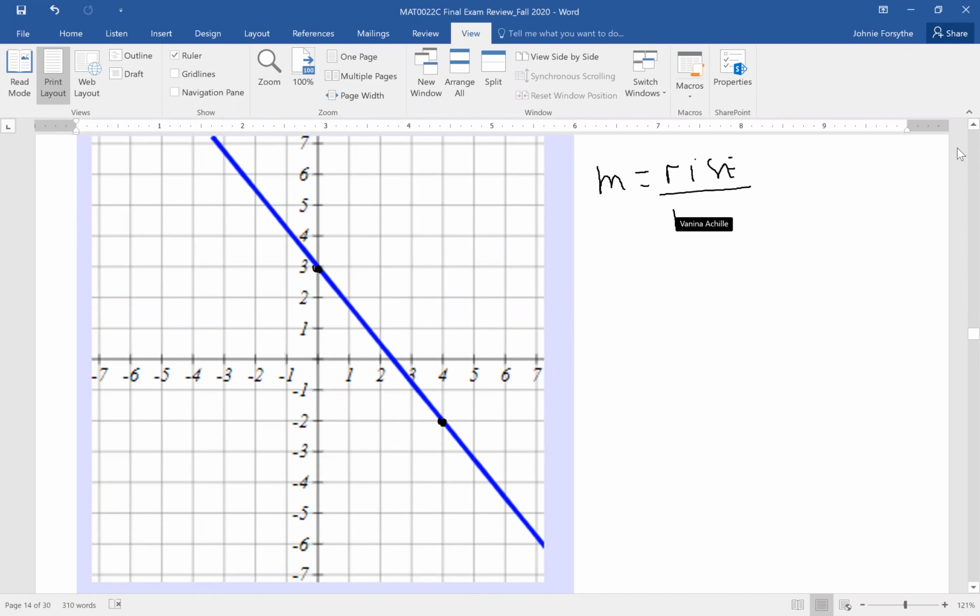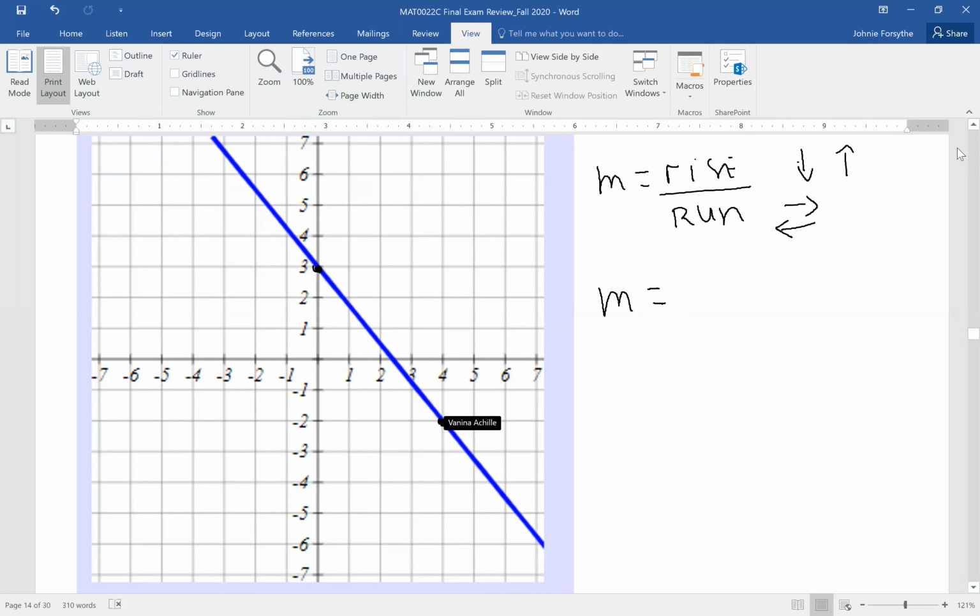And also I'm going to show another way to do this aside from going up and down, because you can also pick two points and use the slope formula to find the slope. So my slope is going to be for my rise. So I'm trying to go over here.